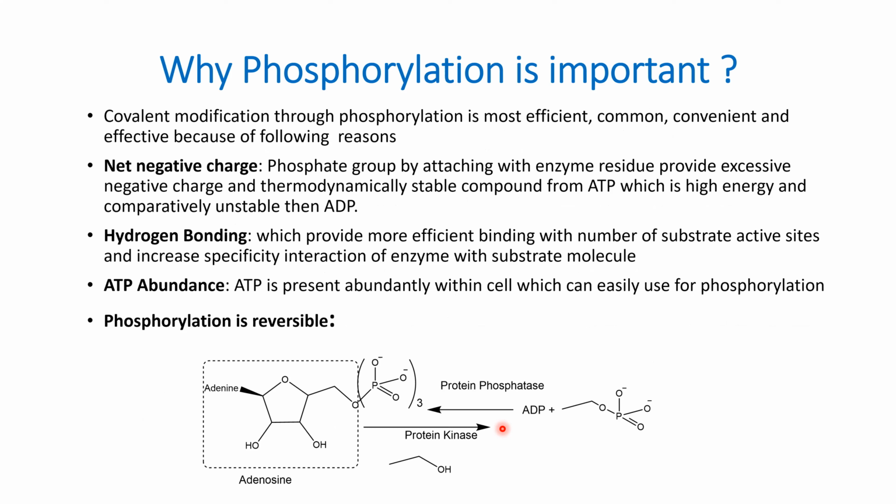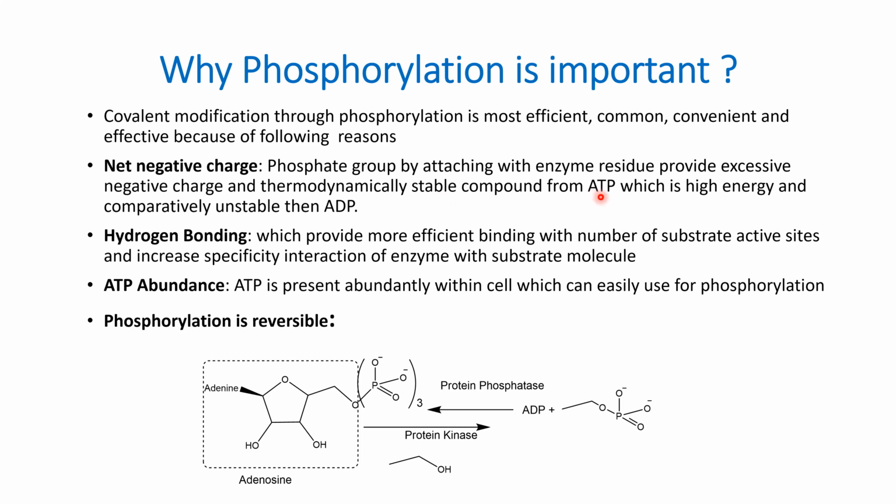Covalent modification through phosphorylation is most efficient, common, convenient, and effective because of the following reasons. Because of this, there is a net negative charge when it is attached to any protein or enzyme residue. This gives the excessive negative charge and a thermodynamically stable compound, right?